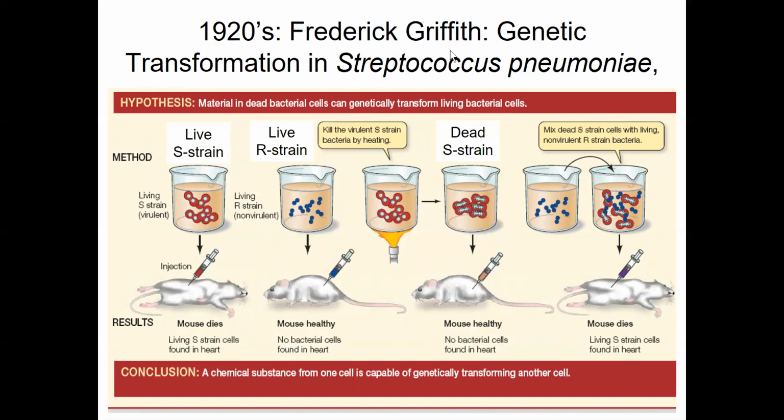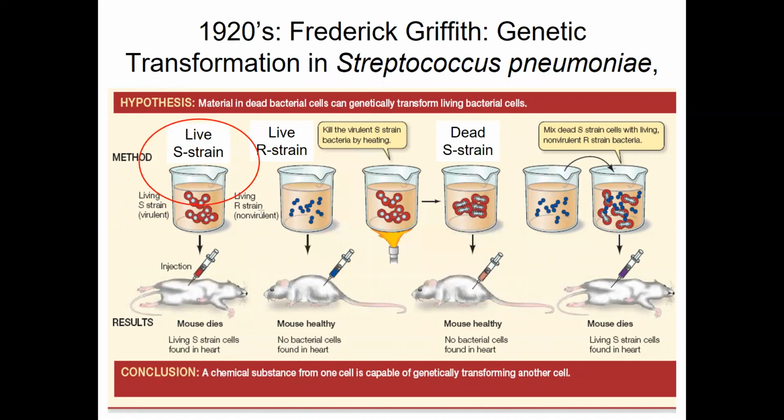So in this system, there were two different types of Streptococcus bacteria that Griffith was actually working with. The first strand of Streptococcus bacteria was called the S strand of bacteria, the smooth Streptococcus bacteria.